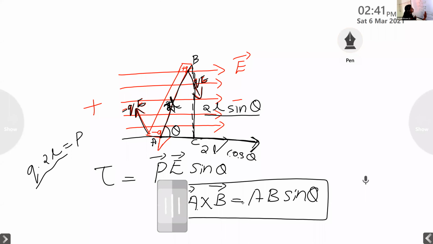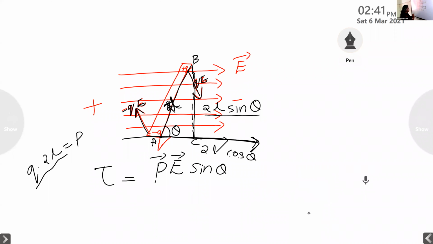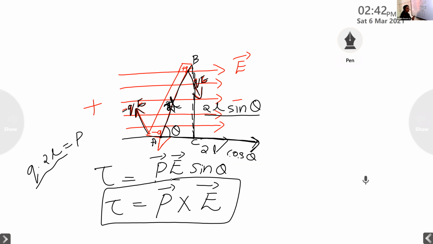So this term can be represented as tau is equal to P cross E. Tau is equal to P cross E. This is the expression for tau in the case of an electric dipole that is placed in a uniform electric field, because from this equation we have tau is equal to PE sin theta.